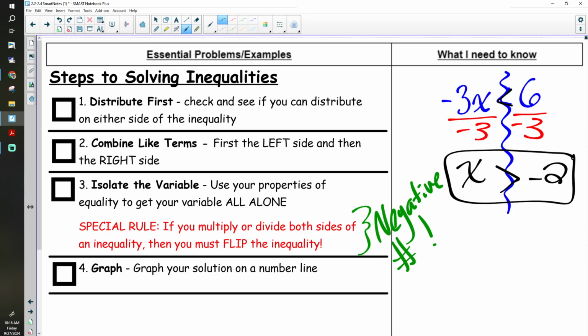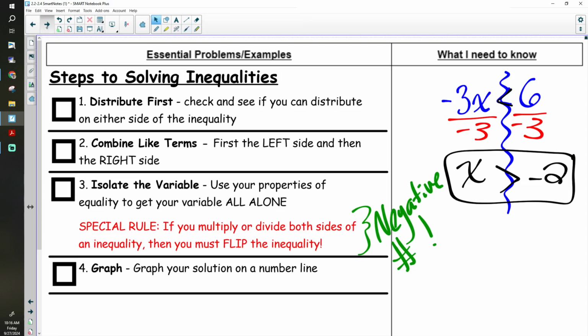If you're adding a negative number, subtracting a number, that's fine. Keep it the same. But if you divide by a negative number, you must flip the alligator mouth. Do not forget, it will change your solution. And then after all is said and done, we will quickly graph this on a number line, and we'll call it a day. Otherwise, it's exactly what we've been doing.